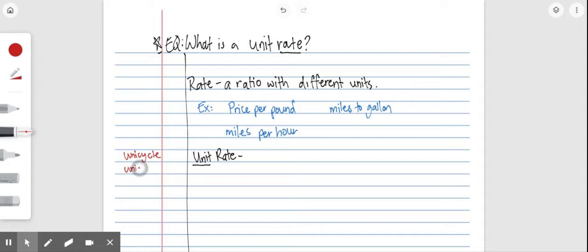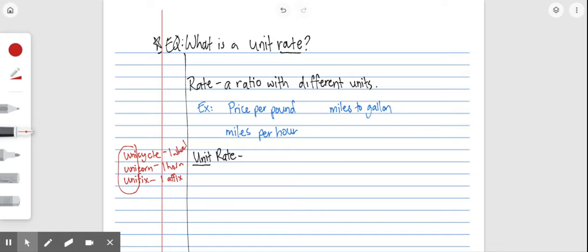They all have this uni. Let's think about it. A unicycle is a one-wheeled bicycle. It has one wheel. A unicorn has one horn. A unifix cube has one spot where you can affix it. One affix.